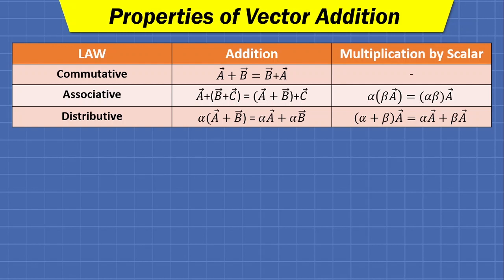So these three laws, commutative, associative and distributive, are very important whenever we are deriving some formulas with the help of vectors.